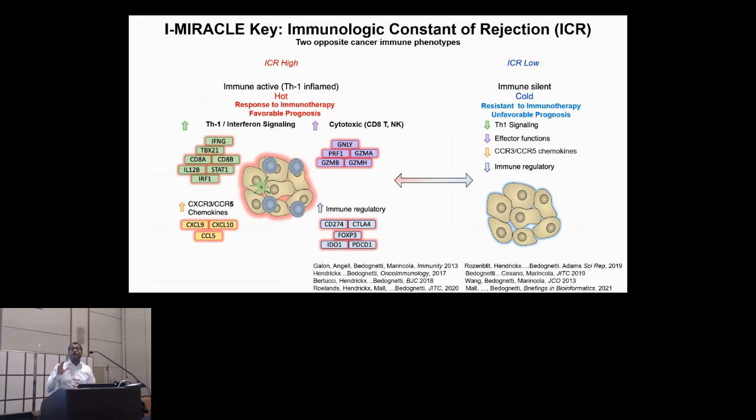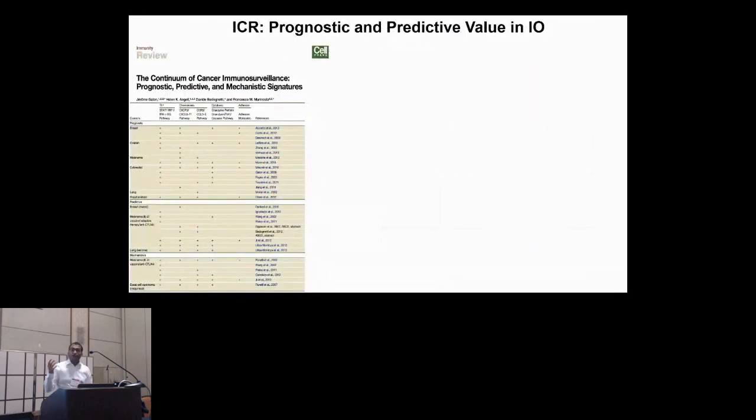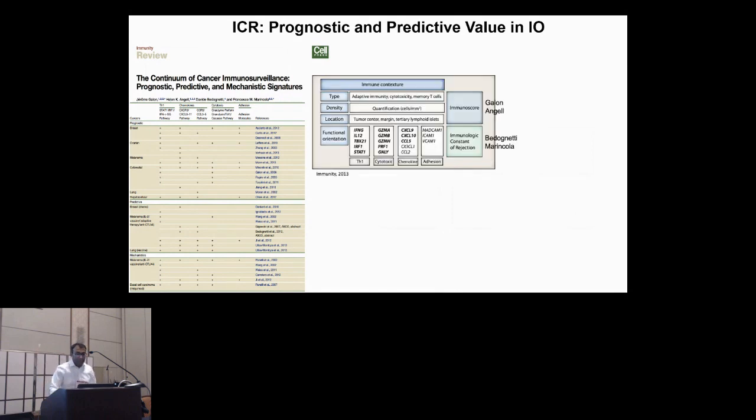Whereas when these genes are lowly expressed, then you have cold tumors with an unfavorable response to immune therapy as well as unfavorable prognosis. The ICR has been around for a long period of time in various immune signature models. People have shown that across different cancer types, the ICR genes are part of immune checkpoint blockade based solutions.